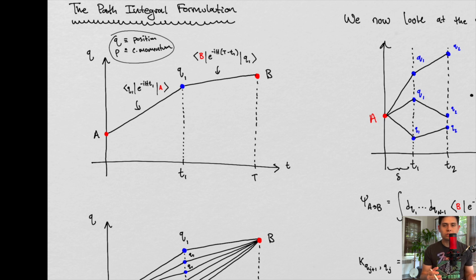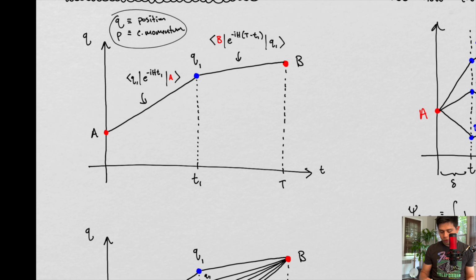Lagrangians were functions of Q and Q dot. If you remember from way back when, Q dot, again, was related to the canonical momentum. We talked about Lagrangians in that context. They were paths in phase space.